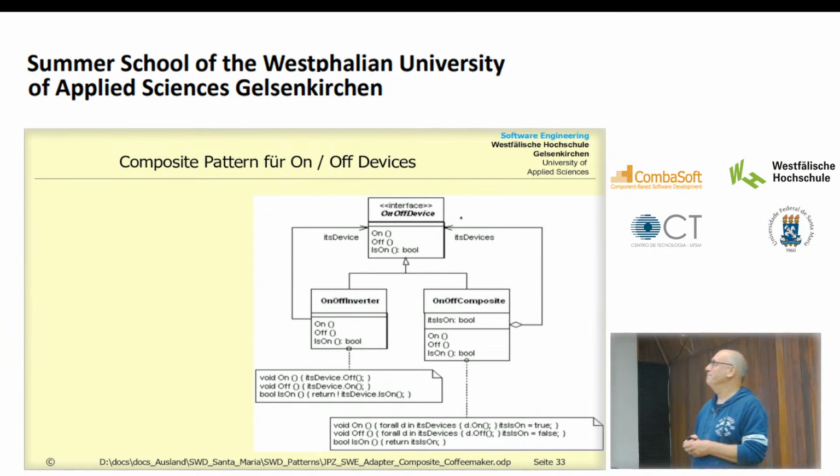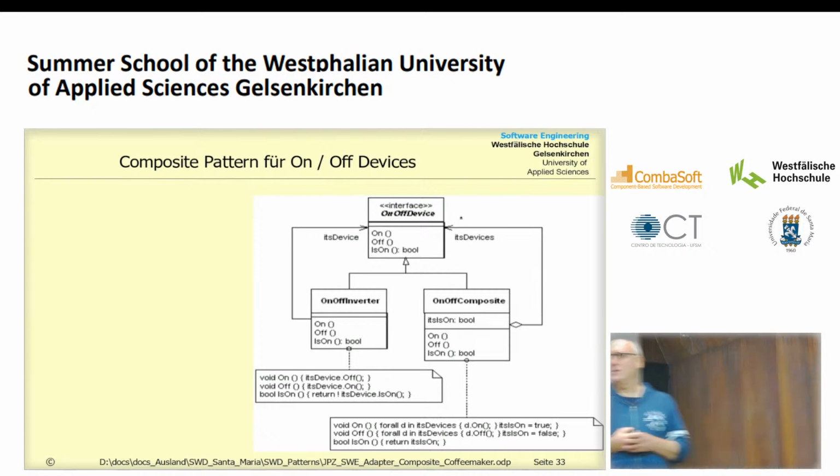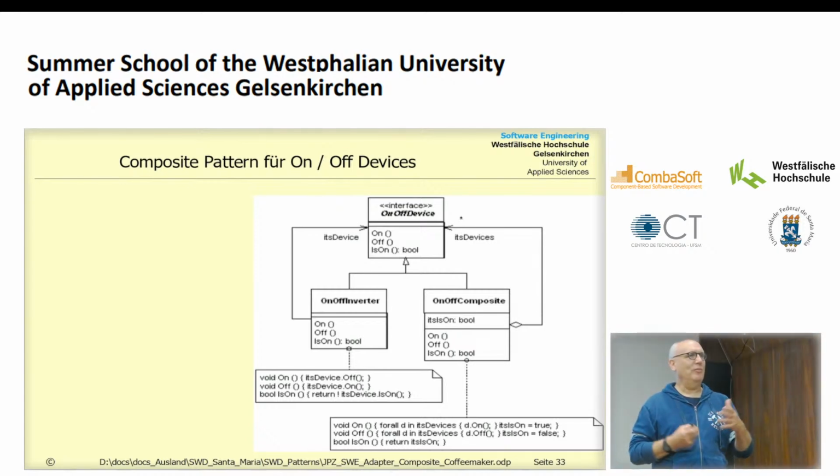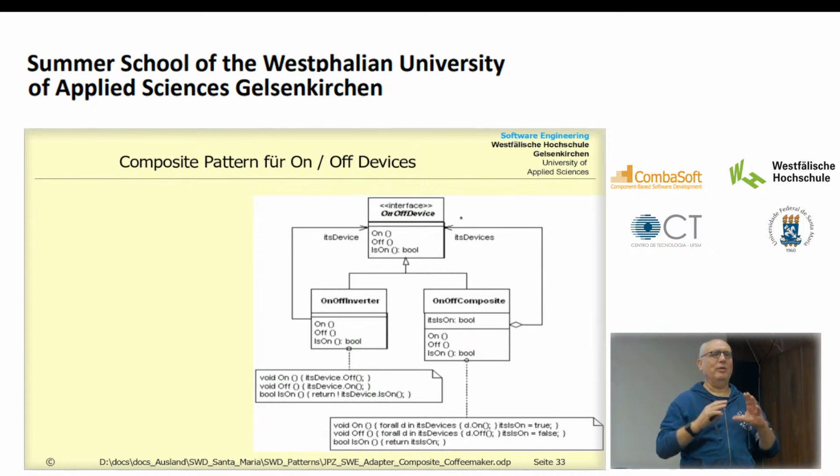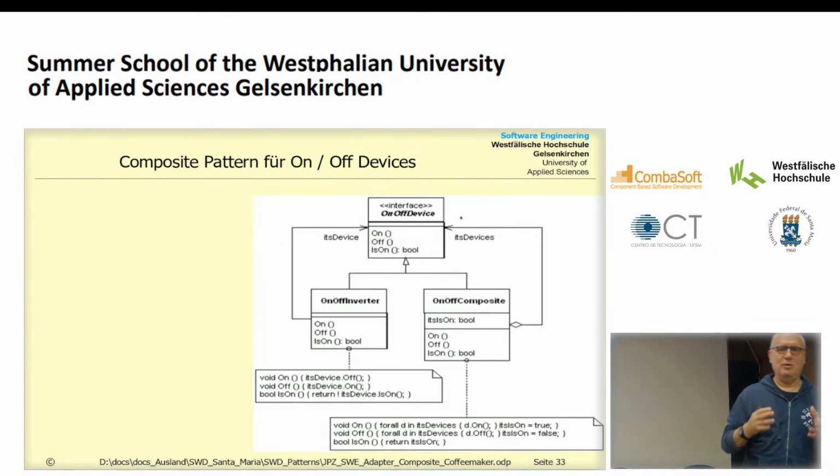And the most known example for composites is graphical user interfaces. You have a window, you have a part in the window, and every part is a composite, something which is consisting of some parts itself, or we call it a leaf. It's a basic structure which is not a composite of others.